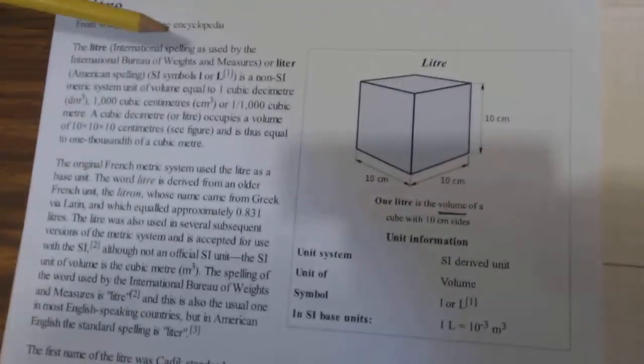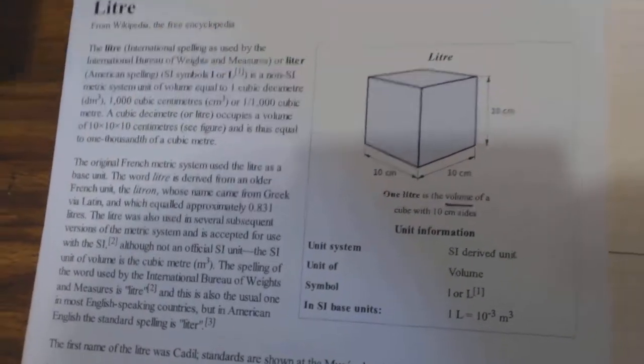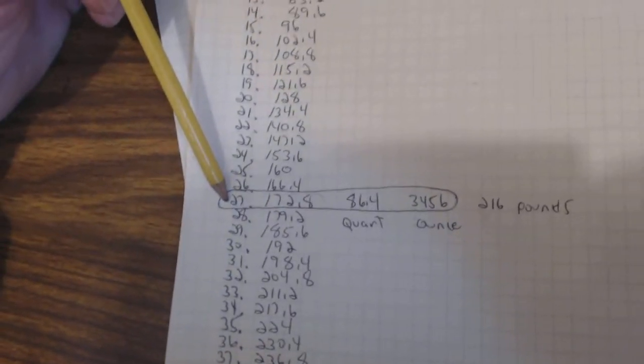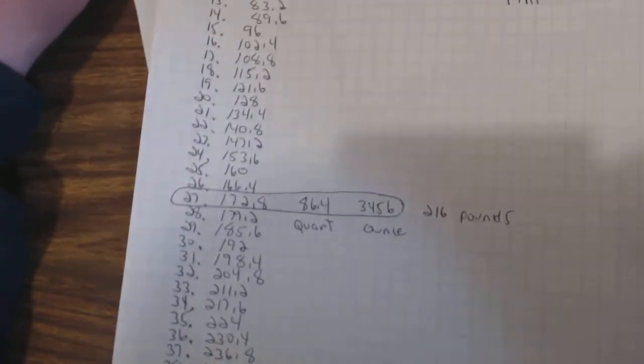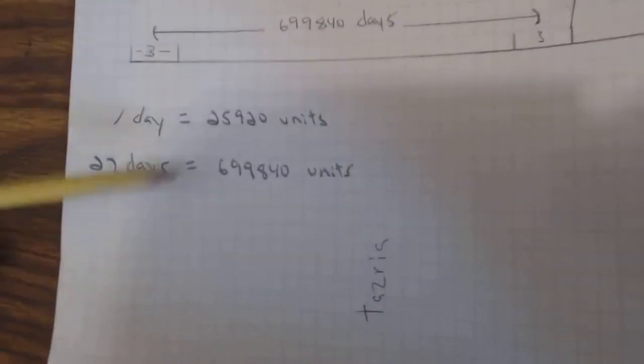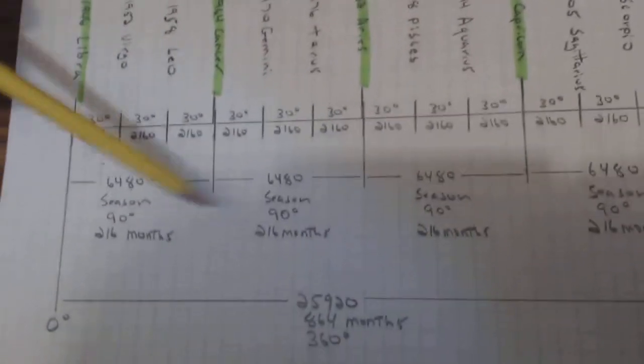A liter is made up of a cube, and when everything is converted to British imperial units, you start seeing these numbers on the 27th day of the Omer. It's just a reflection, in many ways, of what's happening here and what's happening here.